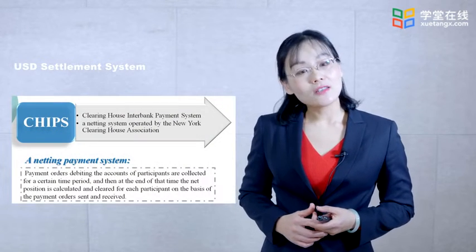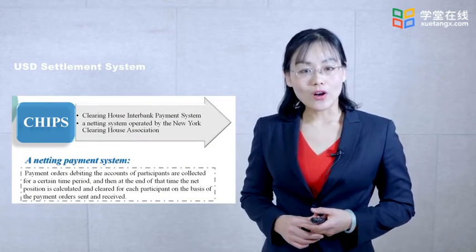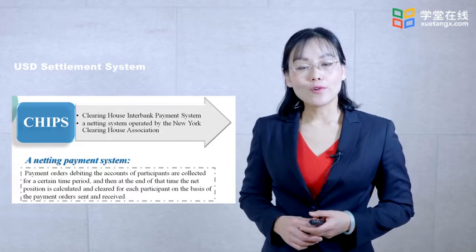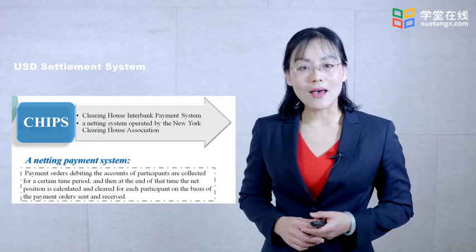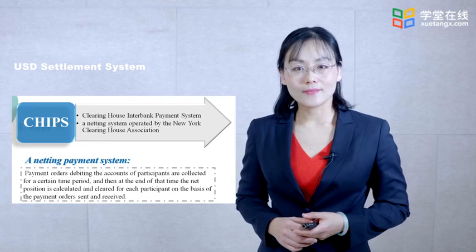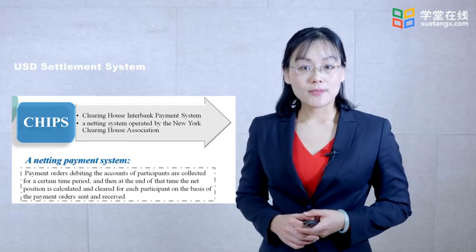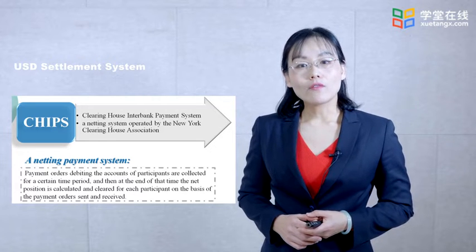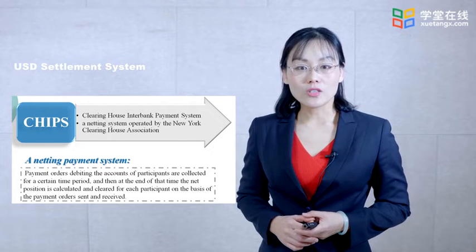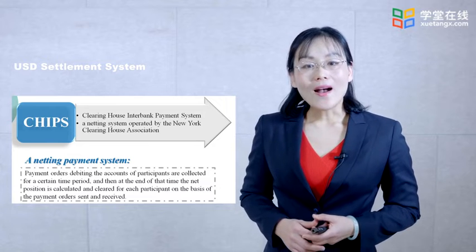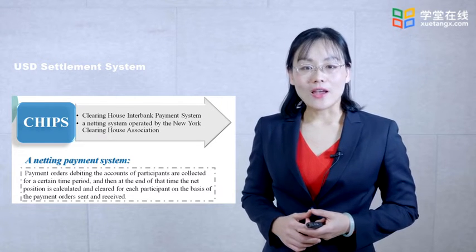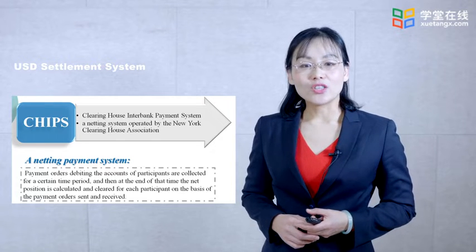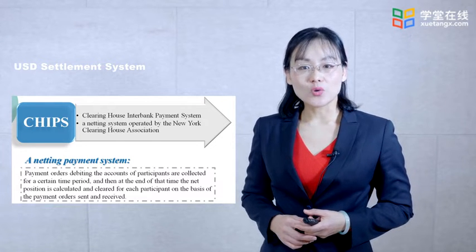Another settlement system for US dollar is CHIPS, acronym for Clearinghouse Interbank Payment System. CHIPS is a settlement system involving primarily more than 100 New York City financial institutions and operated by the New York Clearinghouse Association.